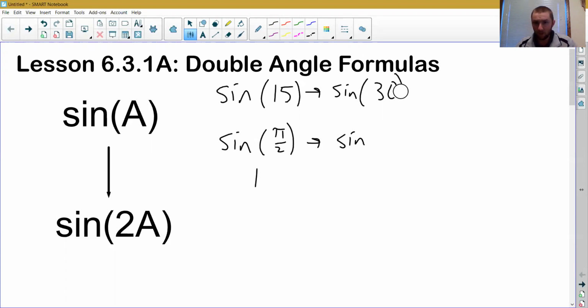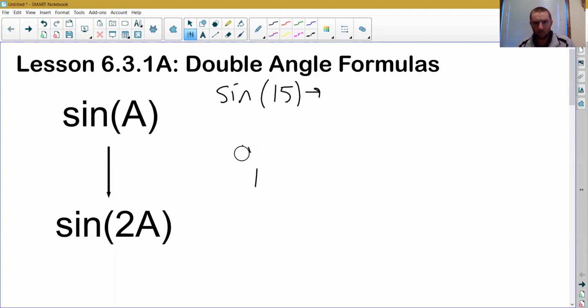But there is a formula for the double angle, sine of 2 times an angle, and it comes, as I mentioned, directly from the angle sum formula that we had in our last video. So I'm going to rewrite the sine of 2A as an expansion of 2 angles added together.